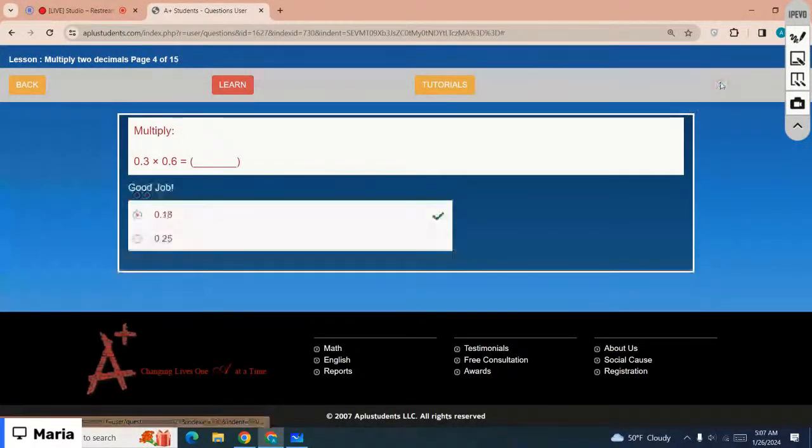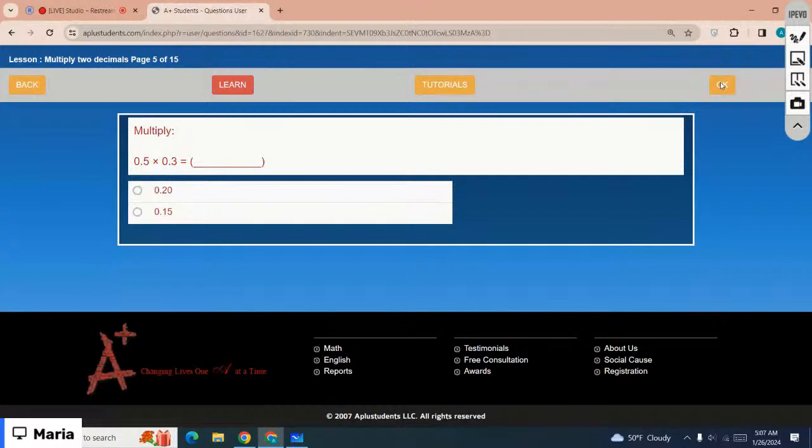The next one is 0.5 times 0.3. So which is the correct option?